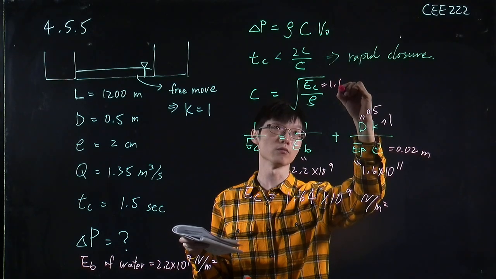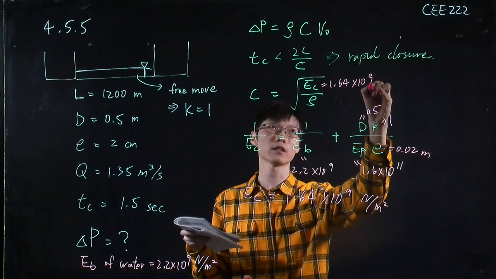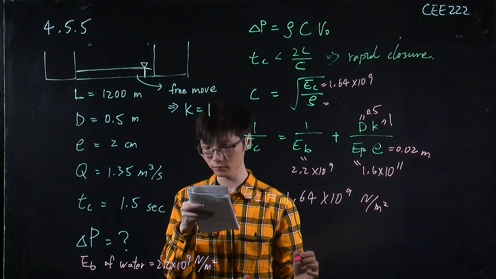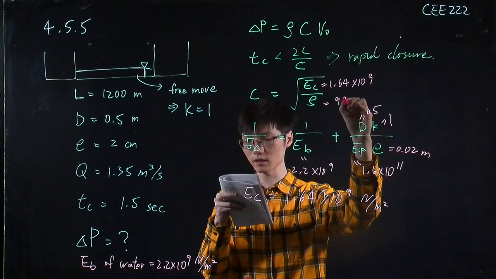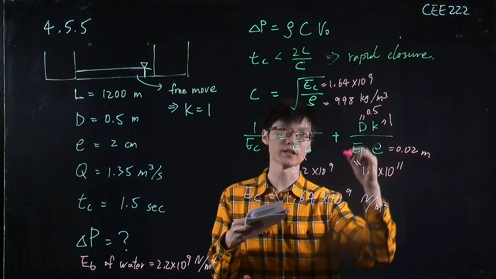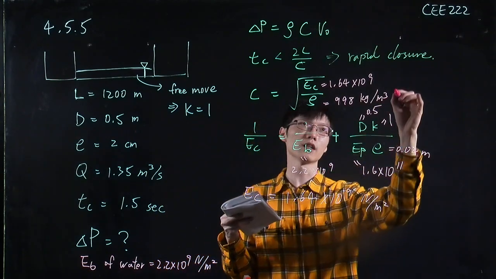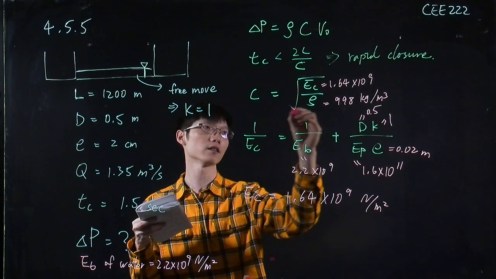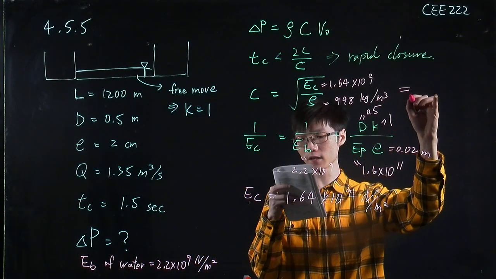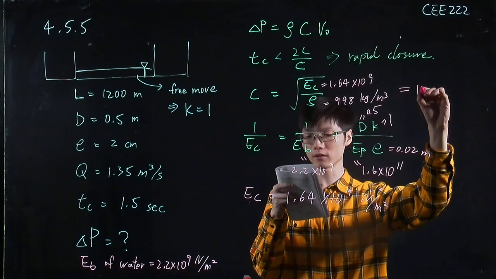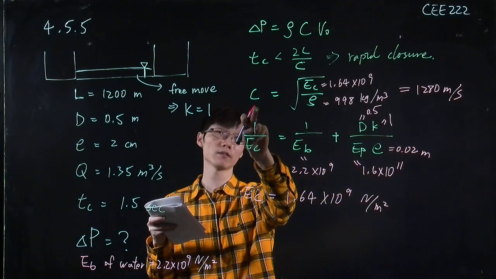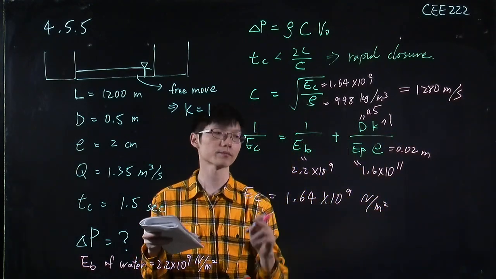This EC is equal to 1.64 times 10 to the power 9, and the density of water is equal to 998 kilogram per cubic meter. And then we can get that this C is equal to 1,280 meter per second.